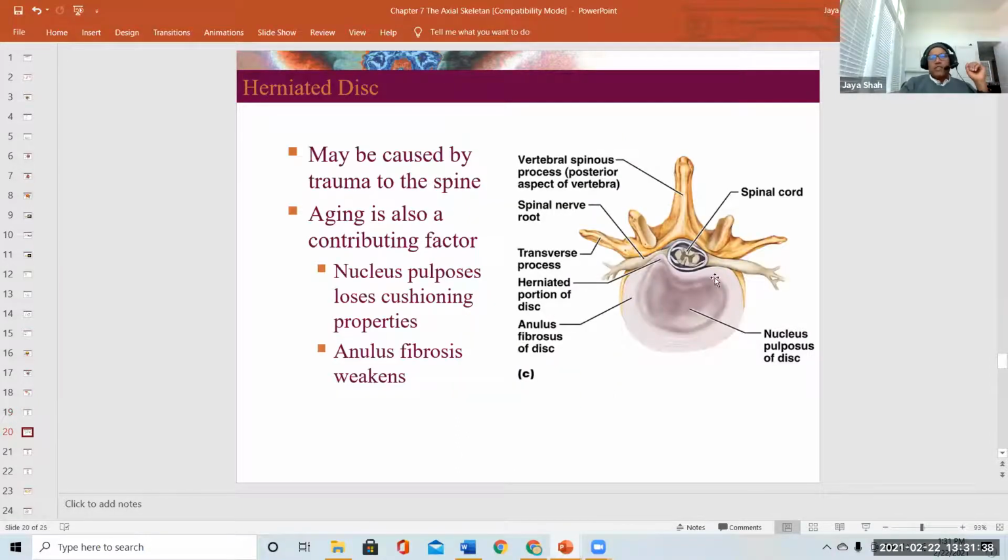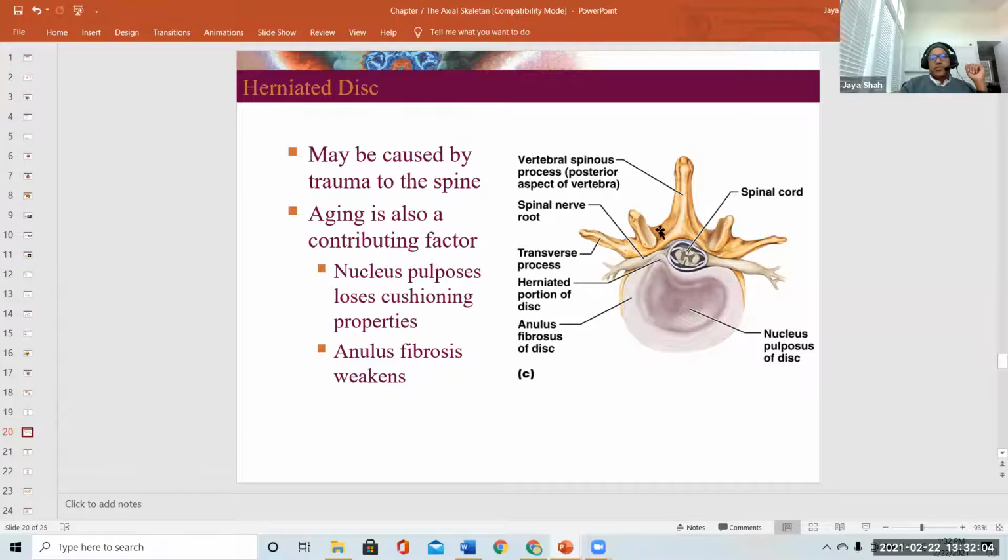Okay, so let's take one typical vertebra. Sometimes you have heard about a herniated disc. So this is a vertebra, and to separate this lower vertebra, there is an intervertebral disc, which is here. And then you can see the long posterior process is called the vertebral spinous process.